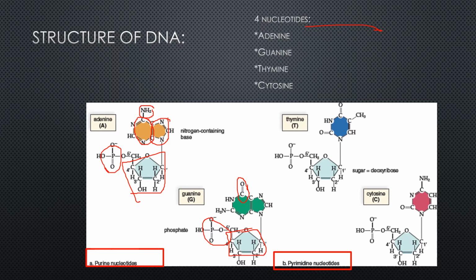Our single ring base with thymine has carbon double bonded to oxygen. And for cytosine, we have our single ring with the amine group up here. Okay, so you should be able to recognize those structures or draw them out.